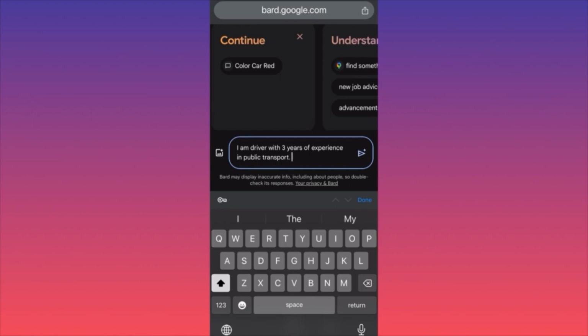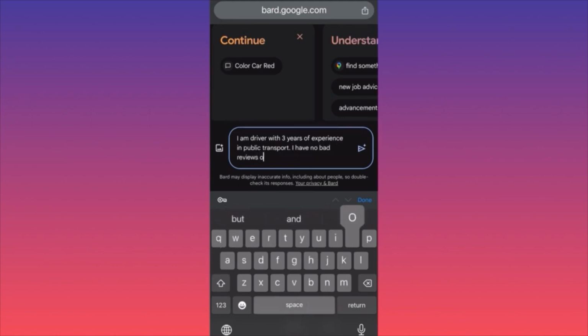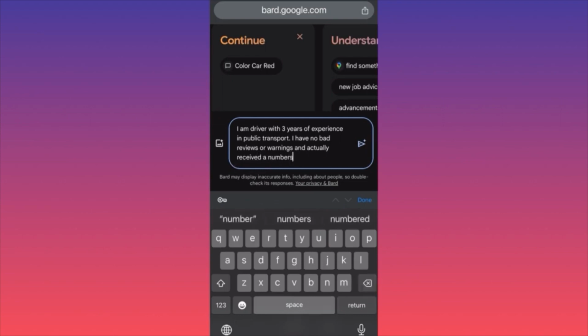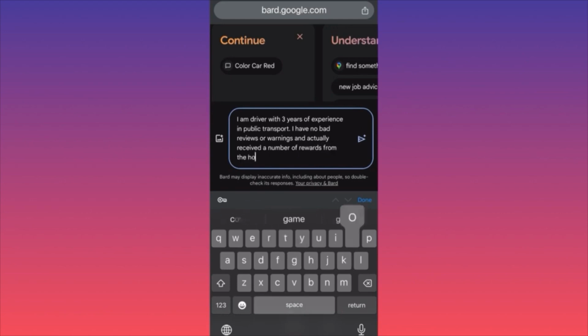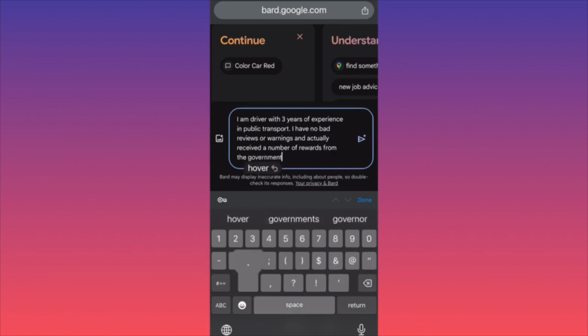You can say "I have no bad reviews or warnings, and actually received a number of rewards from the government," okay, public transport, that's it.